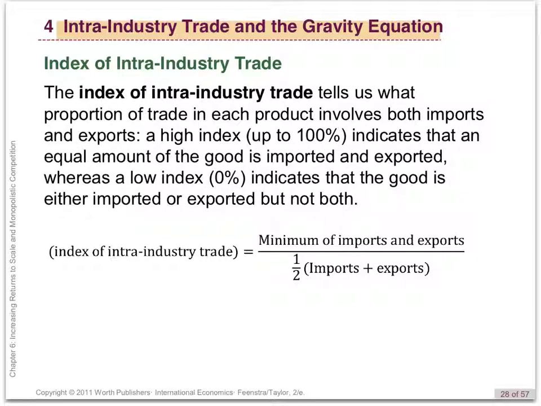If the US exports $1 million of golf clubs and does not import any, then what is that number? 0. What is the minimum of 0 and 1? 0, right? So 0 is the case of perfect inter-industry.